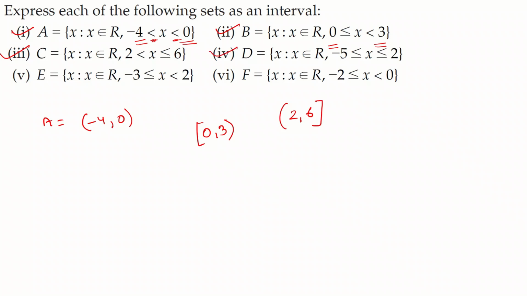Question number 4, -5 comma 2 closed at both the ends. Question number 5, -3 comma 2 closed at -3 and open at 2. Question number 6, -2 comma 0 closed at -2 and open at 0. Okay.